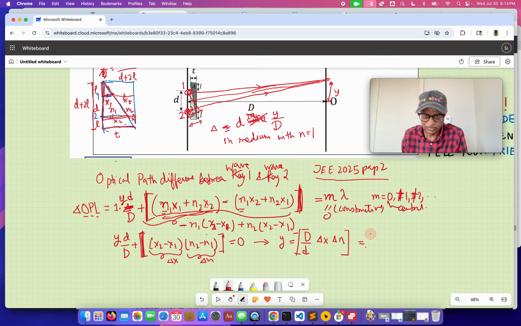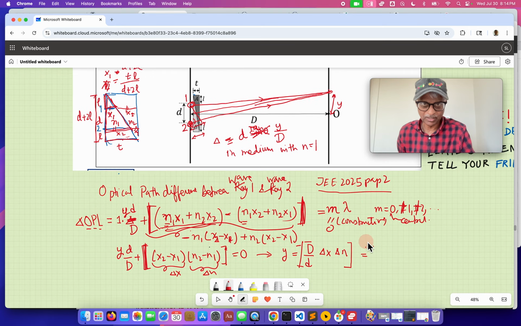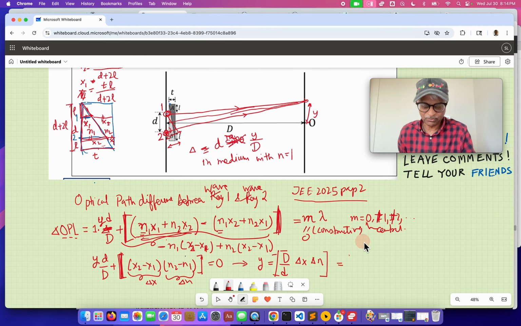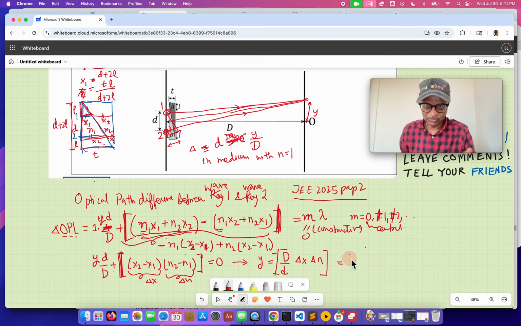Now it's time to put the numerical value. D is 2 meters. Got to be careful. The answer is supposed to be in millimeters, so I'm going to write everything in millimeters.